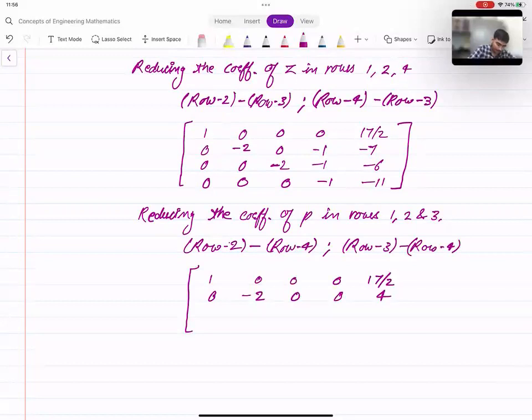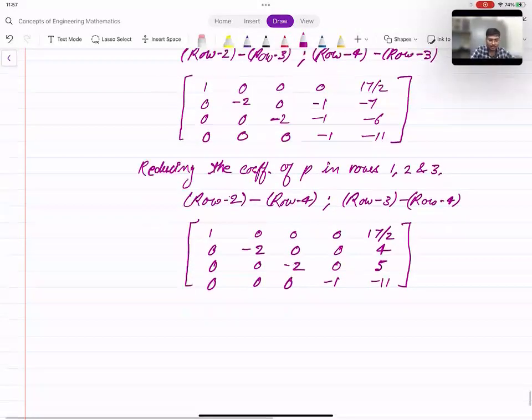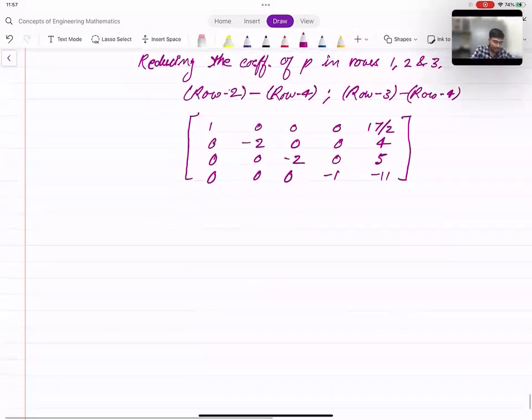Then row 3 minus row 4 is 0, 0, minus 2, 0, and then here we will have 5, because minus 6 plus 11 is 5, and row 4 remains unchanged. So we have completed the reduction for all the 4 variables. We now have a matrix which is in the reduced form.